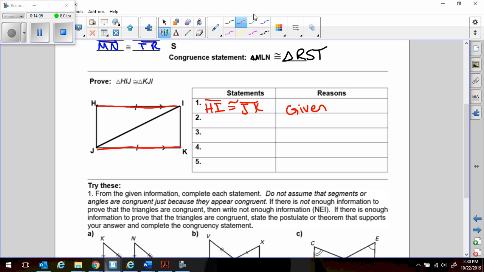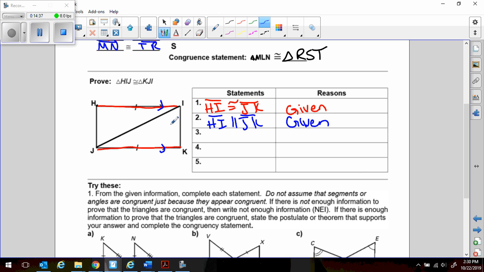I'm also given that we have these little arrows. This means that my lines are parallel. Well, I'm given HI is parallel to JK, this is the symbol for parallel. And this is also given. The little arrows tell us that.